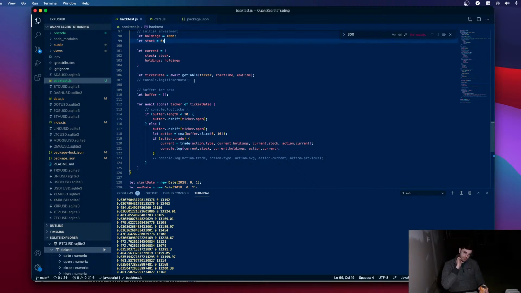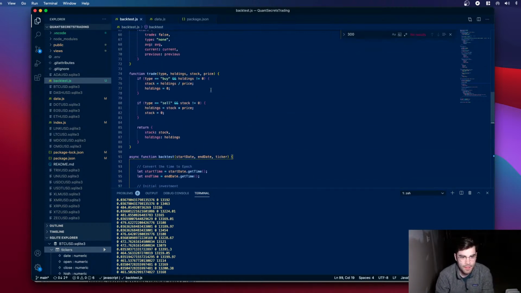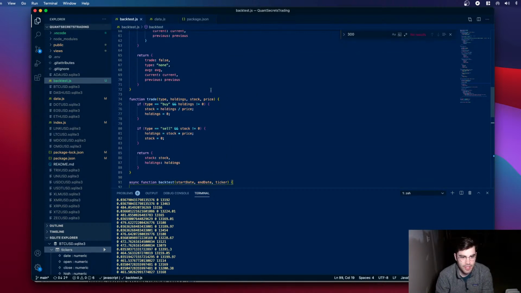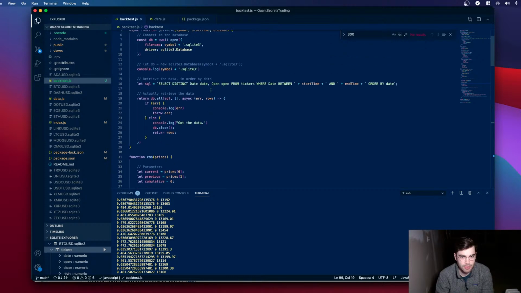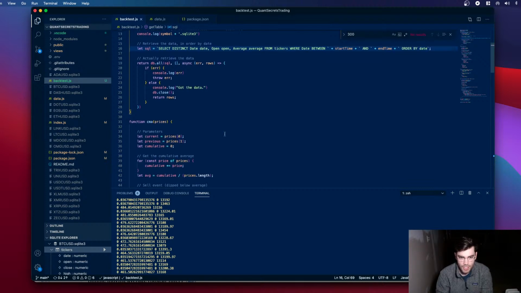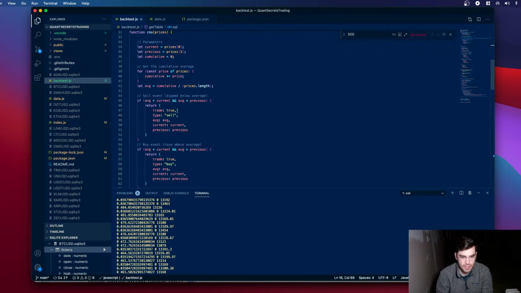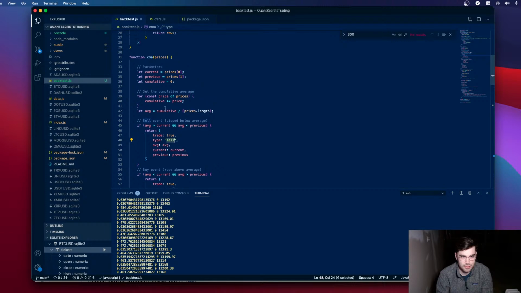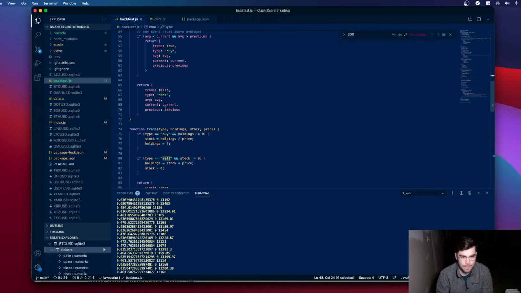You know, I'm interested. Let me try something here. There's an average for the last 24 hours that I can pull from the database. So instead of doing, well, actually, I'll do open, but then I'll also do average. I'll pull that from the database. And where do I do that?